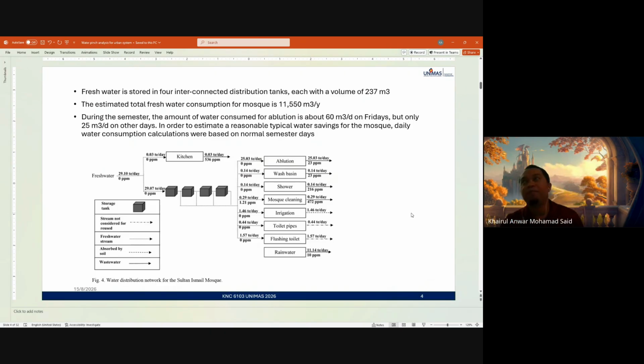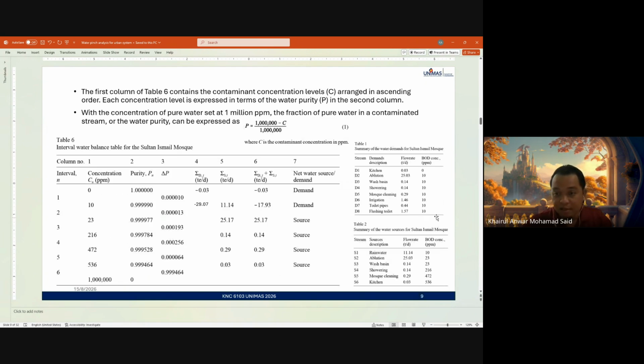To make this interesting, showing the actual data, that's why you see here the reading is 10 ppm. So it means any water after the storage is not considered potable water, except for the kitchen, because it goes directly from the tap into the kitchen.